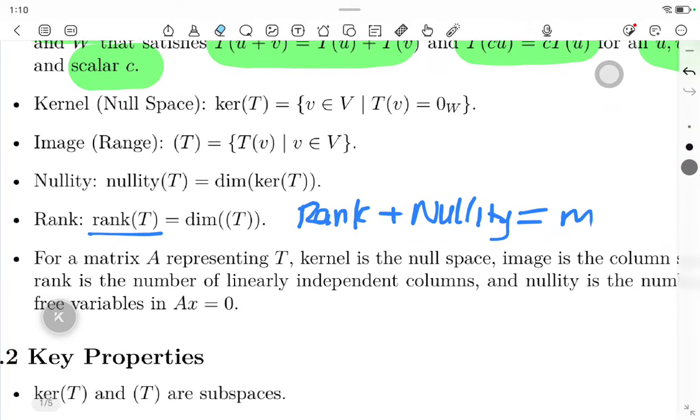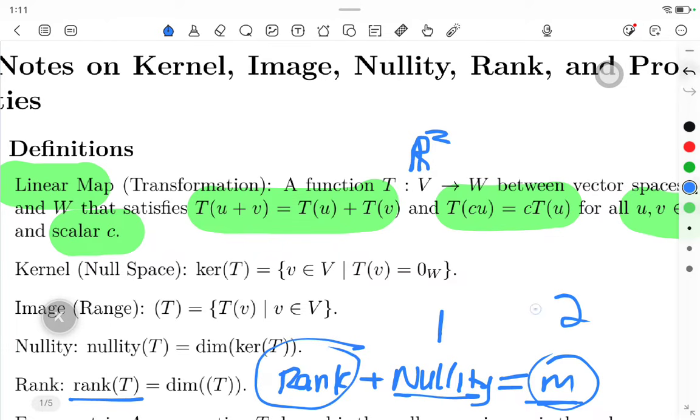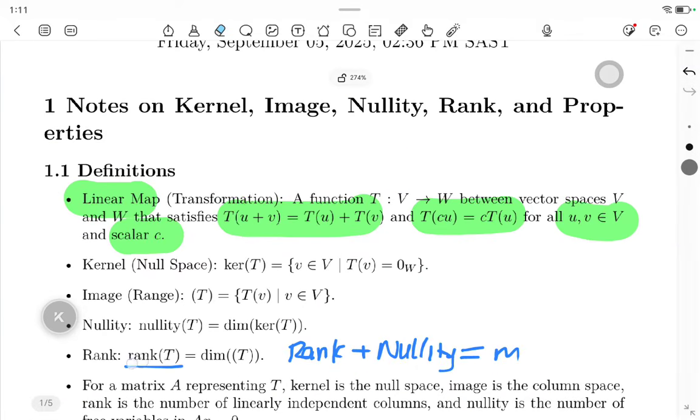Now, if you know the dimension of this one, you'll always know. If this is R squared here, it means that the dimension is 2. Then for the nullity, we just find the kernel. If we find 1, it means that the rank will be 2 minus 1. You see, right? Then we get that. So it will be simple for us to find the rank in most cases. So we just look at that.